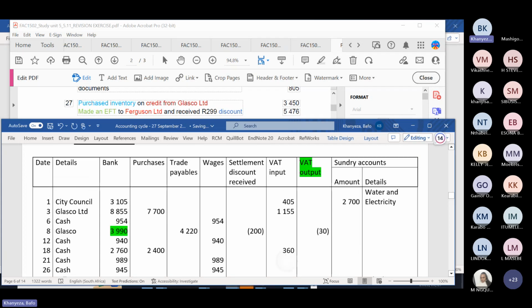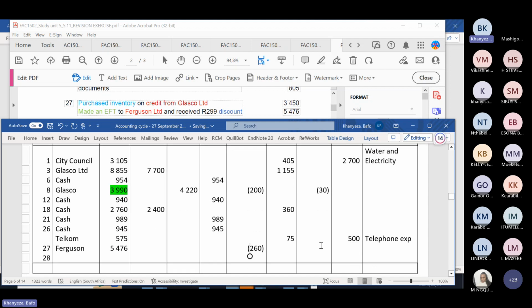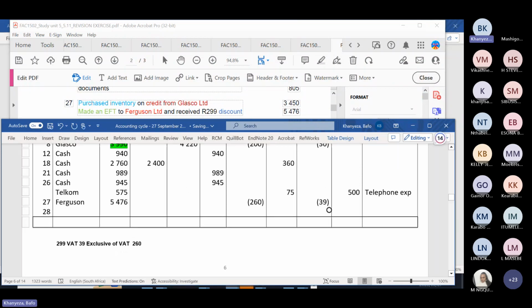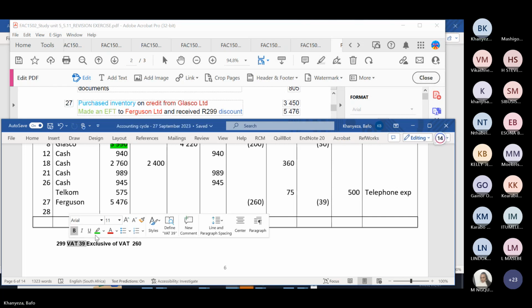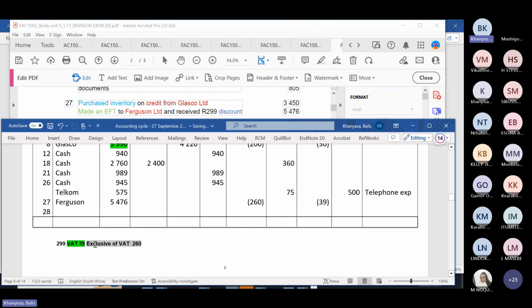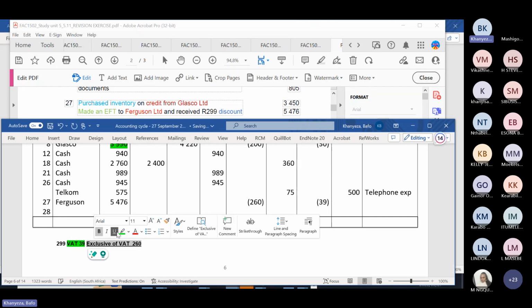And we have to account for an output VAT because now we had gotten, it was an asset of 39. So I've written these amounts here. The VAT is 39 of this discount, and the exclusive of VAT, it's 260.